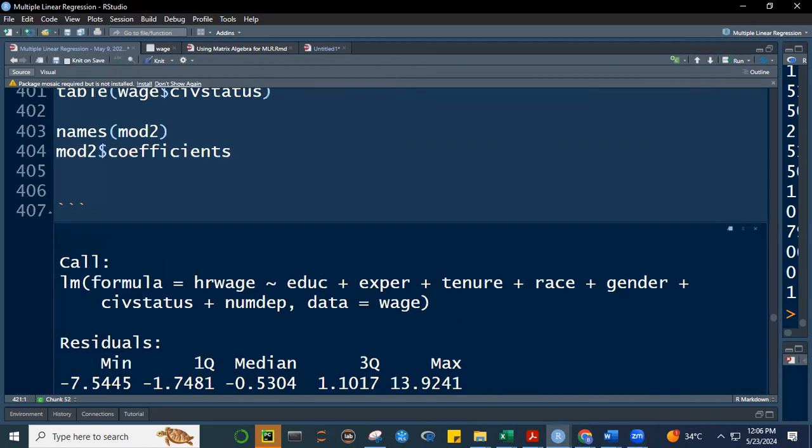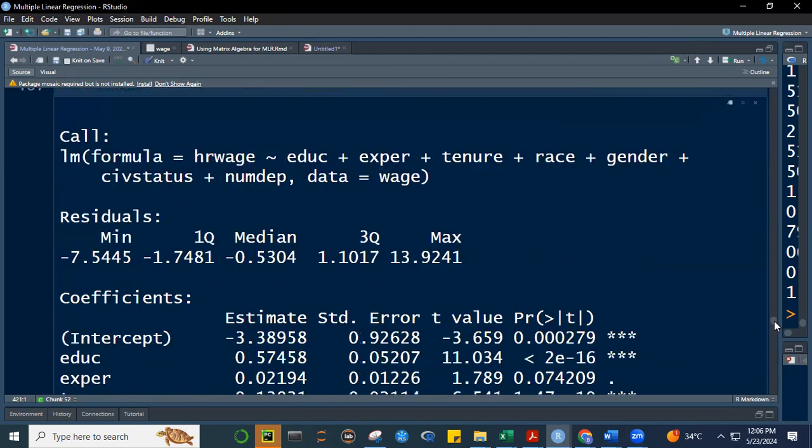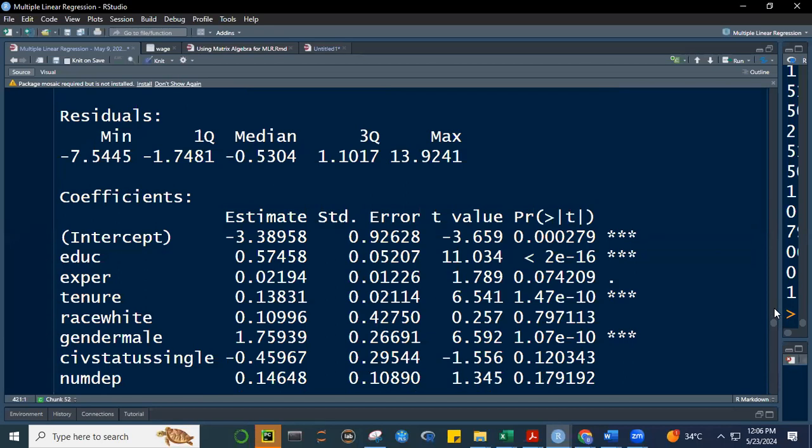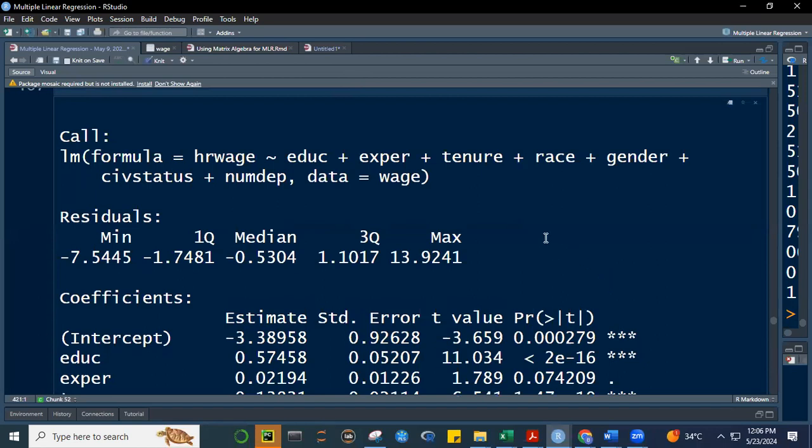Model number 2 includes race, right? Model number 3 does not include race. So the question is, which is better: include race in your model or do not include race in the model? It's tantamount to asking whether race is equal to 0. Because if this is equal to 0, why would you still put that as an independent variable? So statistically, what we're testing is that the beta pertaining to race is equal to 0.